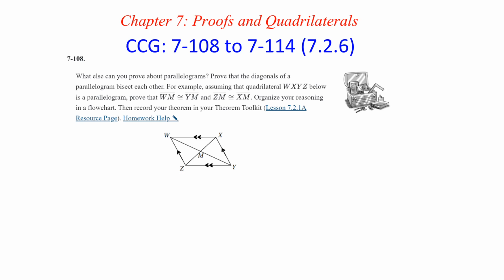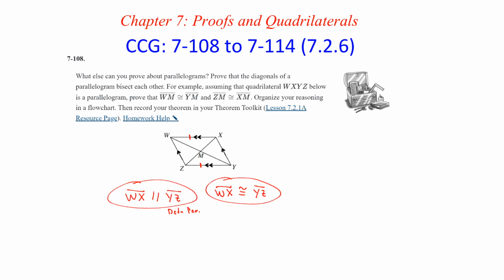So let's start with what's given to us. We know that line segment WX is parallel to line segment YZ. And that is given, or we can say that it's the definition of a parallelogram. We also know that opposite sides of a parallelogram are congruent, so we know that line segment WX is congruent to line segment YZ.